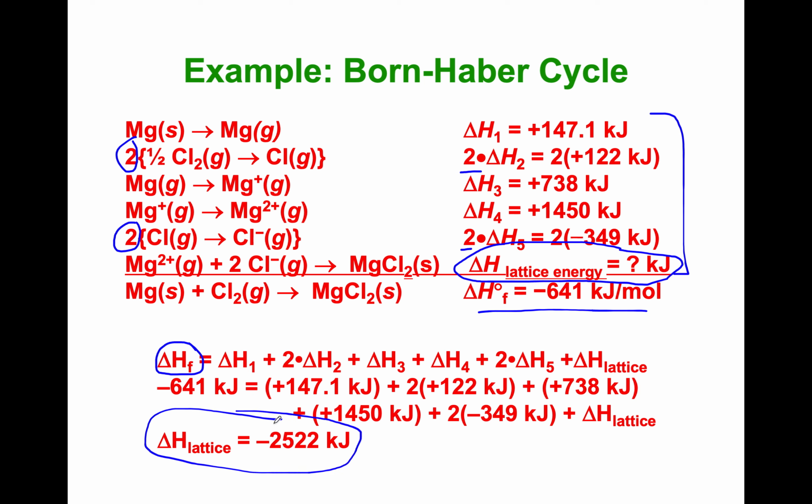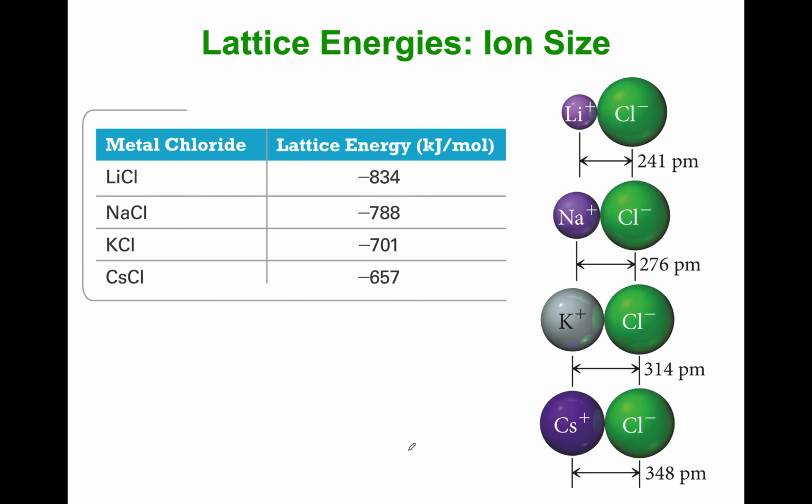So there's a lot going on here. I encourage you to come to office hours to talk about this, because it is very difficult to walk through. The good news is we're going to end on a few conceptual slides on lattice energy. They show that the lattice energy depends on the size of the ion. Remember sizes: lithium is very small, and size increases as you go down.